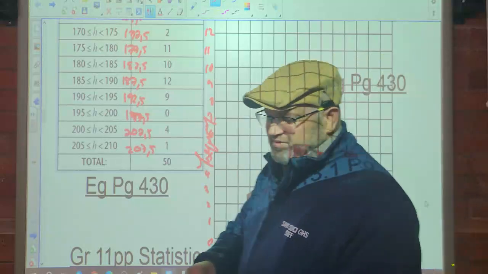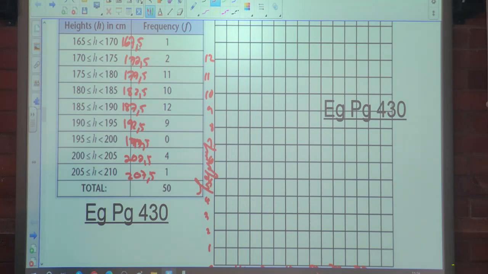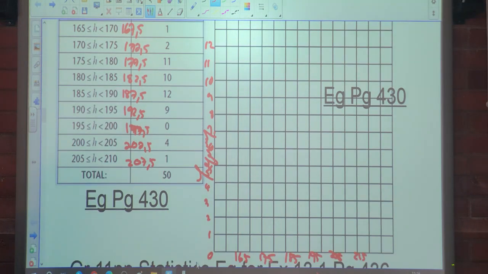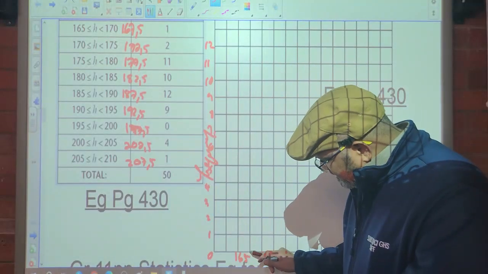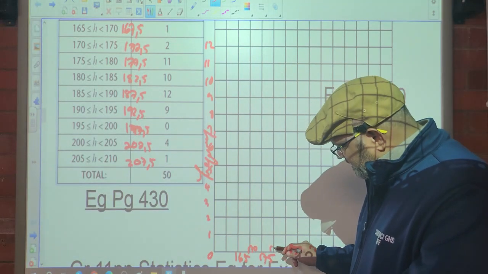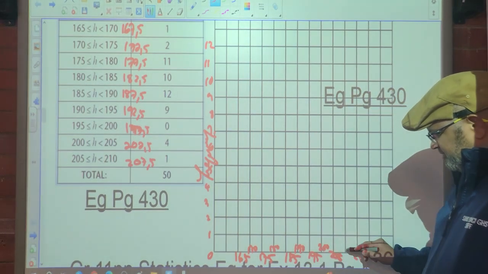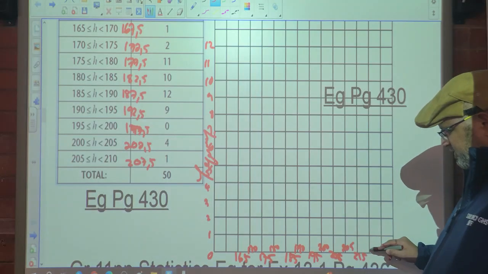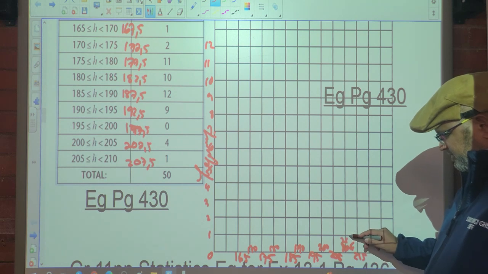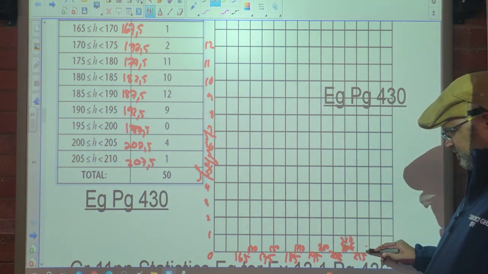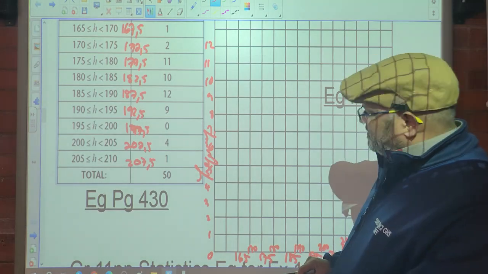Of course, this is now the middle of these class intervals. So the first one comes in at 167.5. But remember, the boundaries are 170, 180, 190, 200, 210, 220.